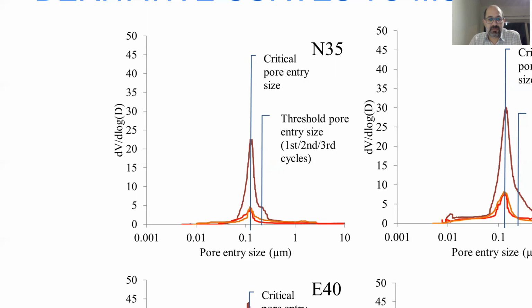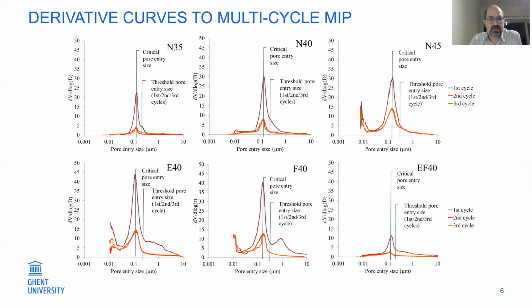So comparing all the results of the curves, we didn't observe any impact of GGBFS or limestone powder on the critical pore entry size or the threshold pore entry size. We did observe a difference regarding the comparison between the reversible and irreversible intruded volumes.